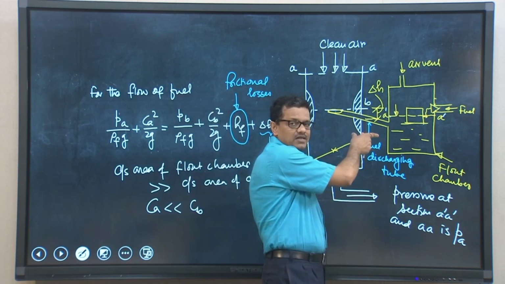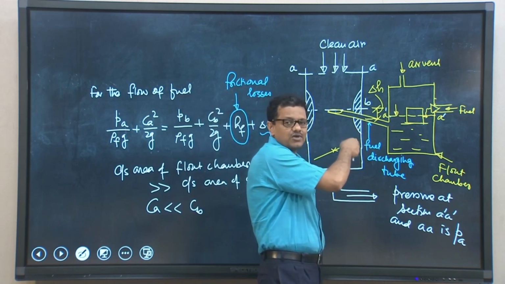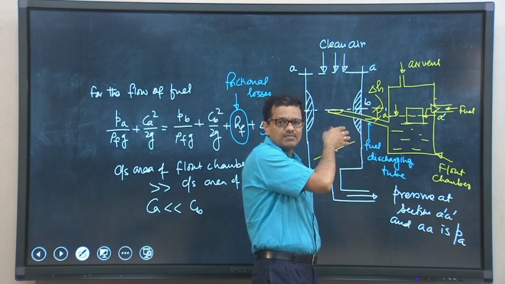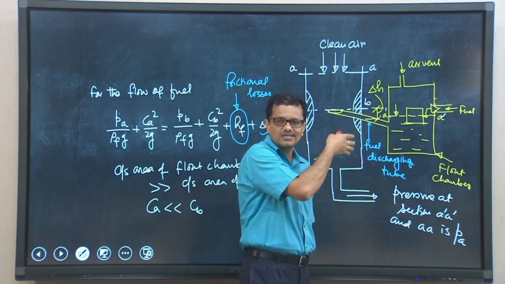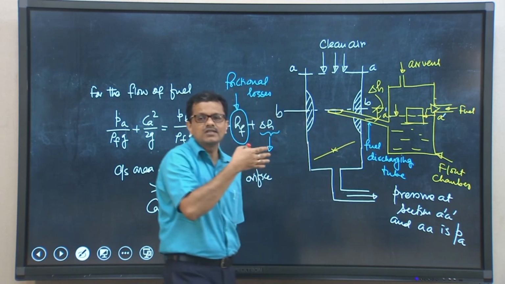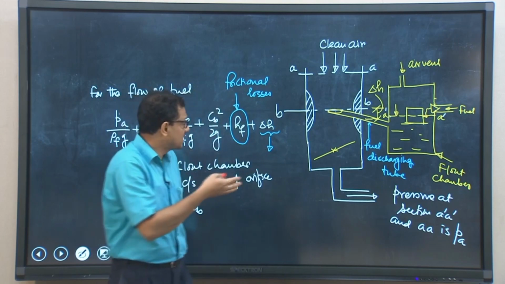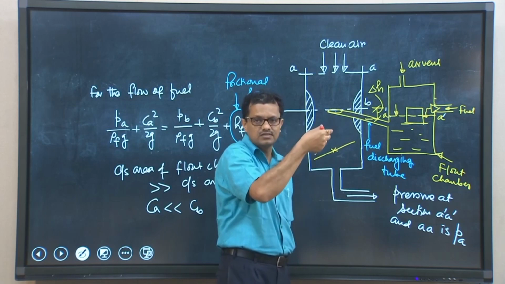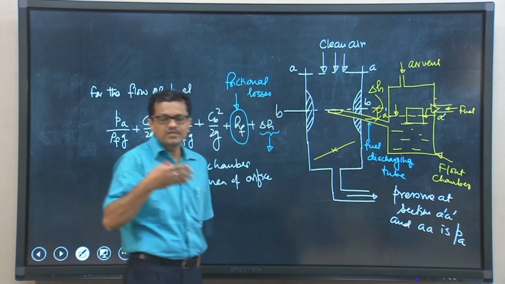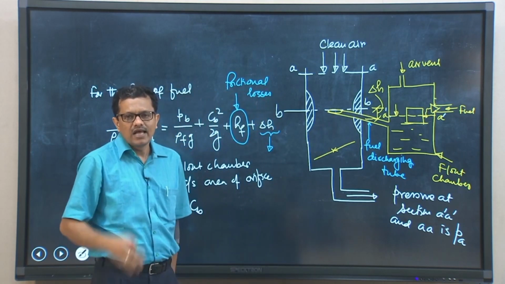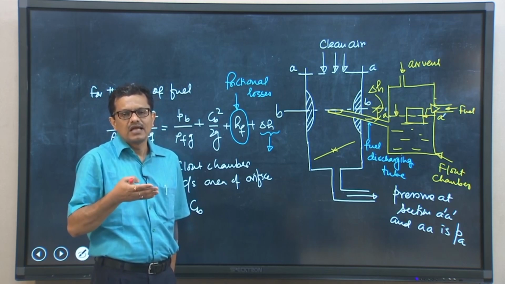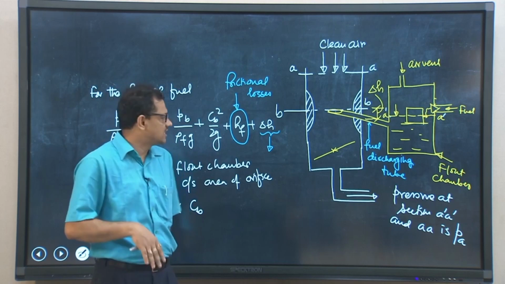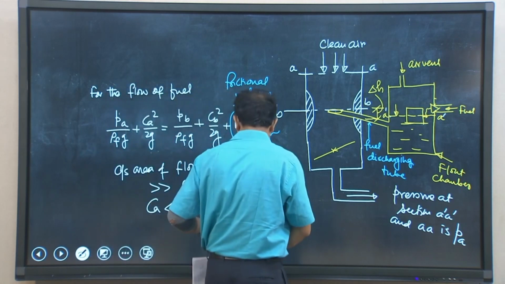Similarly, today we have obtained the mass flow rate of fuel, and as we have discussed, accounting for the frictional losses, accounting for the surface tension effect that will be there, because fuel flow will be there through this small orifice, and also the specific gravity of the fuel. Accounting these three factors, actual mass flow rate of fuel should be less than the ideal mass flow rate that we have established in today's class.